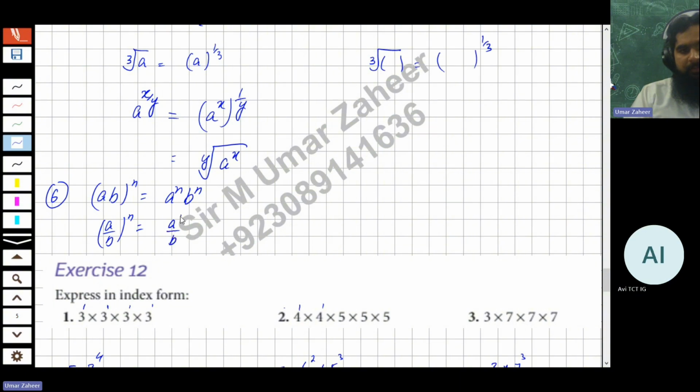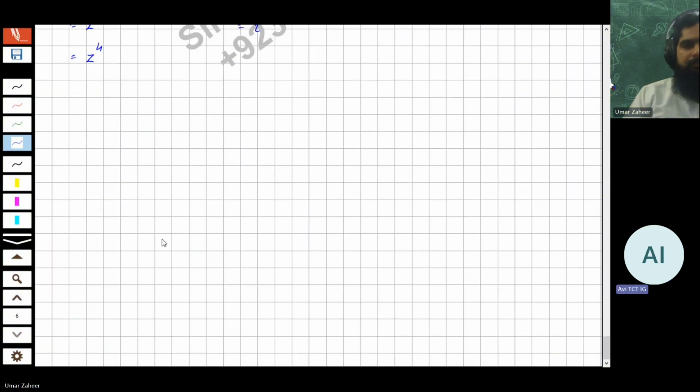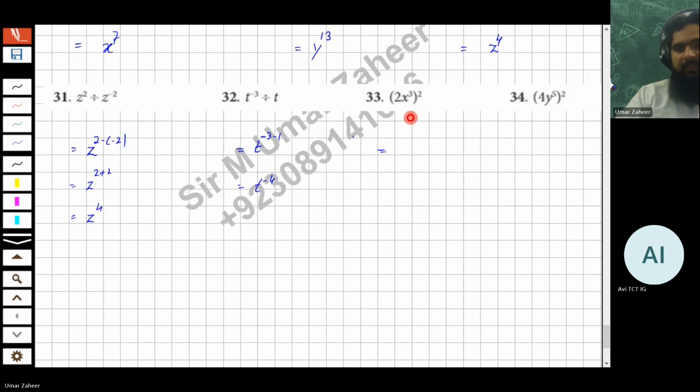The power will be applied on each term. So here you have (2x^3) whole raised to power 2. So the power 2 will be applied on 2 and on x cube. So 2 square will be 4, and the power on the power they will multiply. So 3 times 2 will be 6.